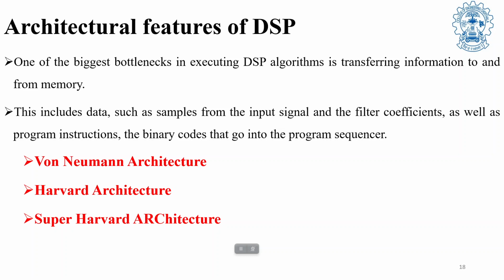The three numbers include two numbers, that is the input as well as the filter coefficient, and the other is which program has to execute it, that is the program instruction.